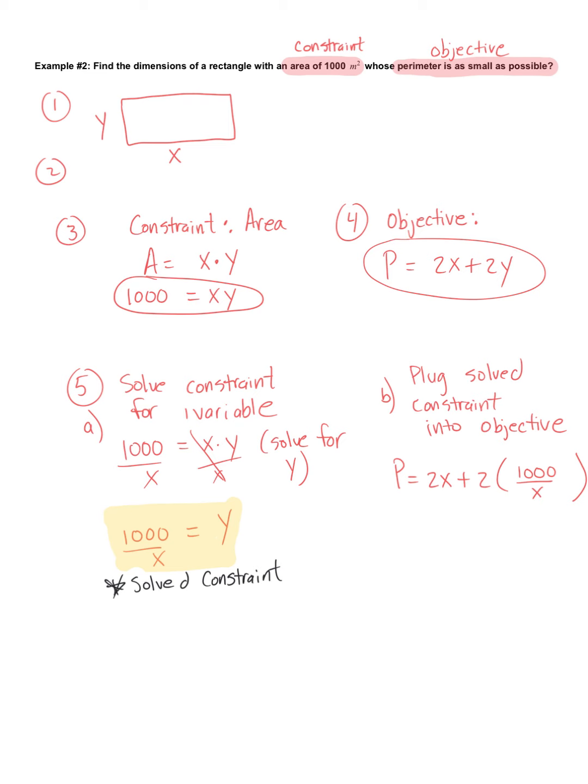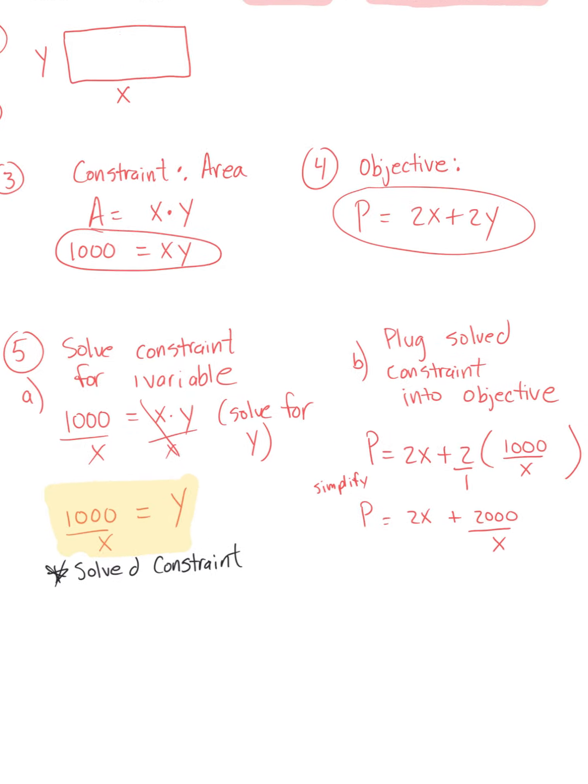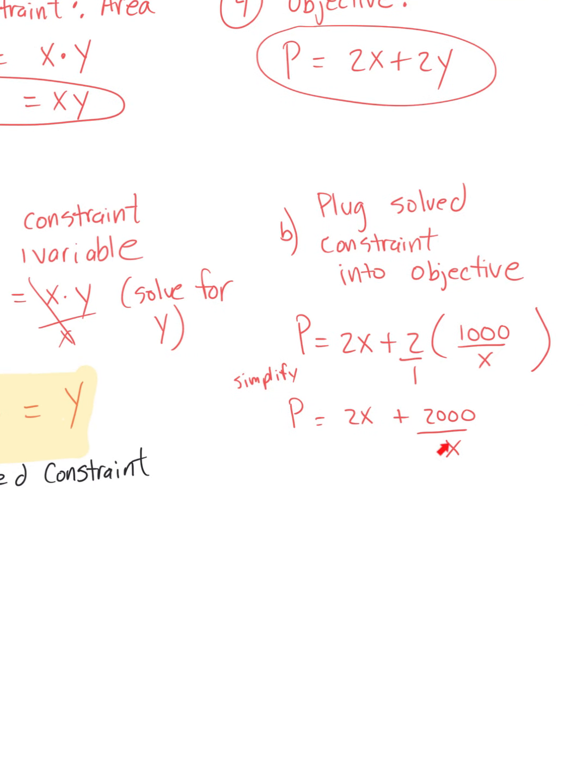All right, so perimeter, simplify. So perimeter is equal to 2x. Now I'm going to put 2 over 1, and I'm going to multiply these two fractions, tops and bottoms. So that gives me plus 2,000 over x. All right, now again, this still has a fraction, and I want to be able to take the derivative of this.